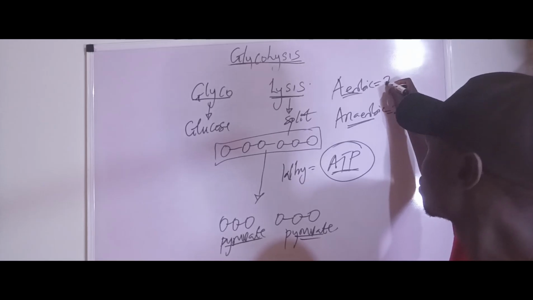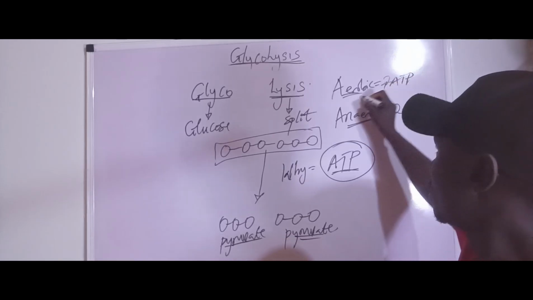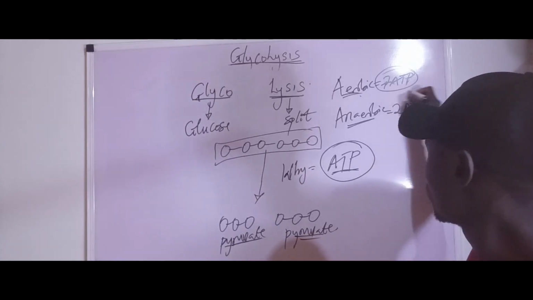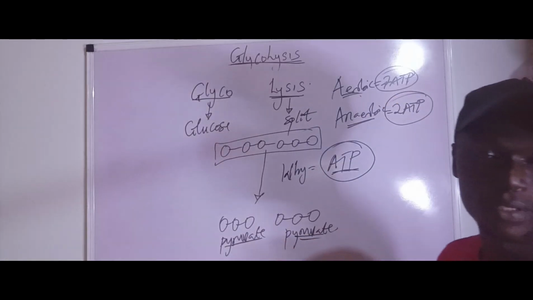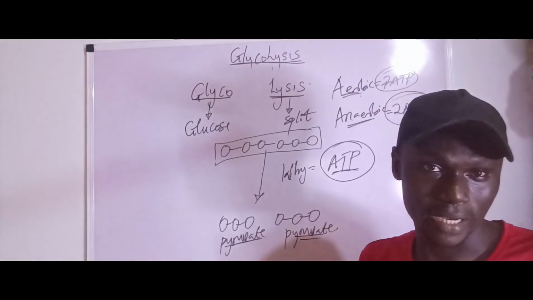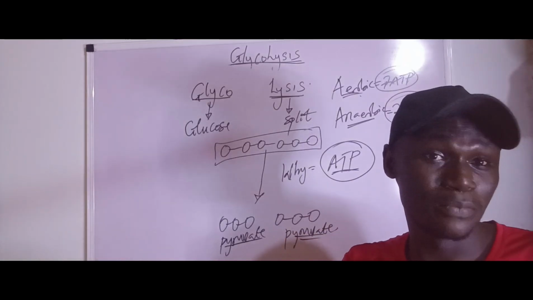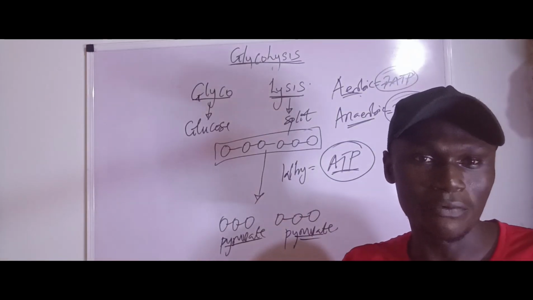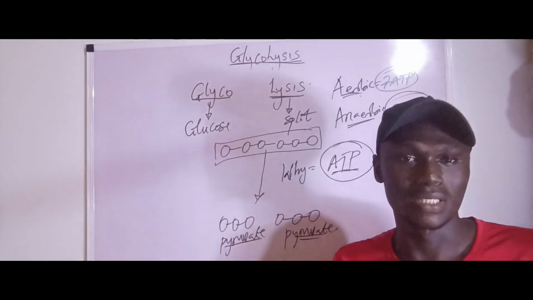These are MCQ questions. Aerobic glycolysis will produce 7 ATP. Anaerobic glycolysis will produce 2 ATP. Let me briefly recap what I've said so far. Glycolysis simply means the splitting of glucose into 2 equal halves, and each half is pyruvate.